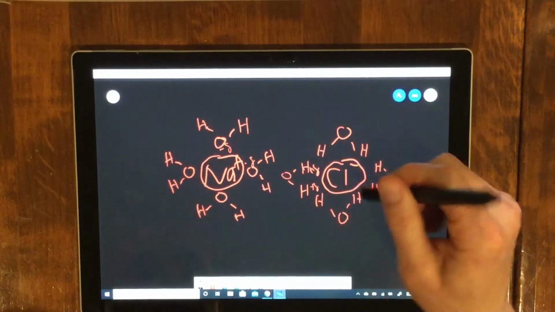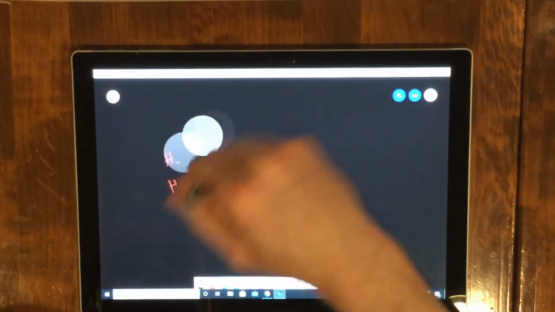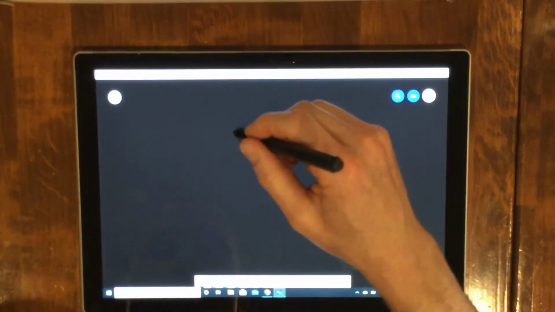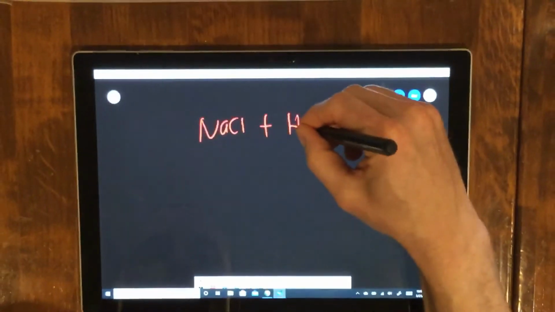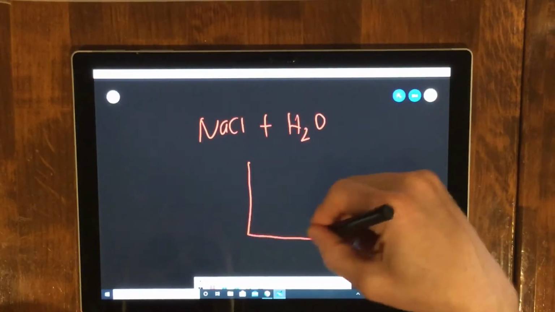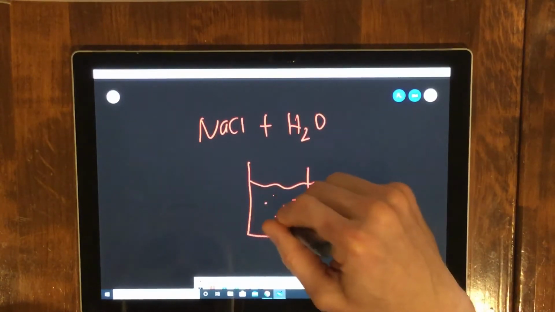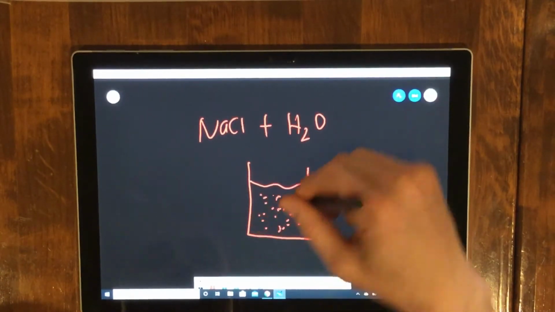So basically solutions form when similar forces of attraction are mixed. And what you need to understand is, if we use salt and water as an example, let's say you had a beaker full of water and then you put the salt in it. Imagine you can't see the dots, right?